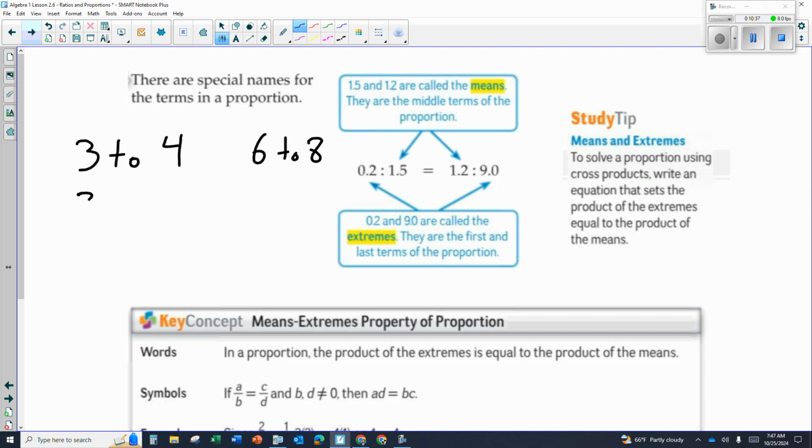Well, that would be 3 to 4 and 6 to 8 as a fraction, 3/4 and 6/8. And these are the same number because if we get the calculator, 3 divided by 4 is 0.75, and 6 divided by 8 is 0.75.